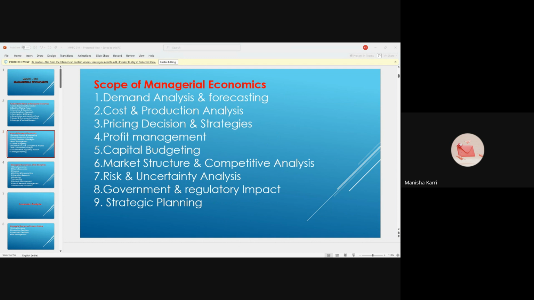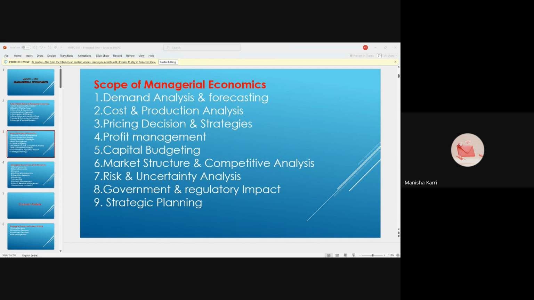That is demand analysis and forecasting. Coming to cost and production analysis, here we analyze the cost of production and how it changes with varying levels of output to achieve cost efficiency and optimal production level.